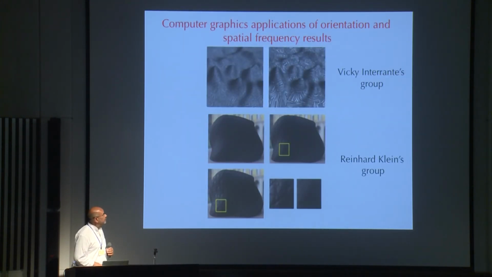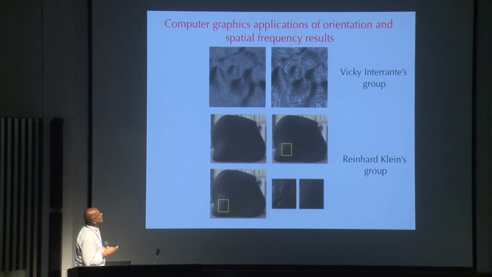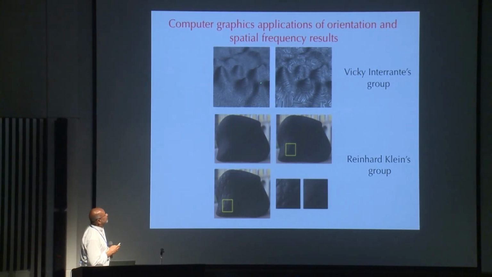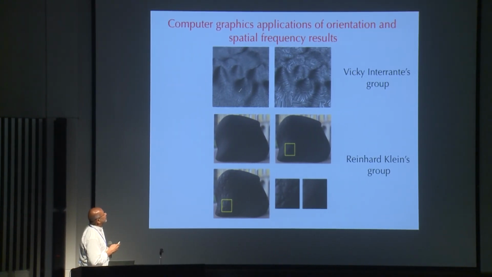And again, to answer Kavita's question about links to computer graphics, Vicky Interrante's group in Minnesota has taken our orientation results. This she did about 5-6 years ago. These are just synthetic shapes she made, but these are two nice kinds of textures that work. This is a two-dimensional texture for these two-dimensional curvatures.